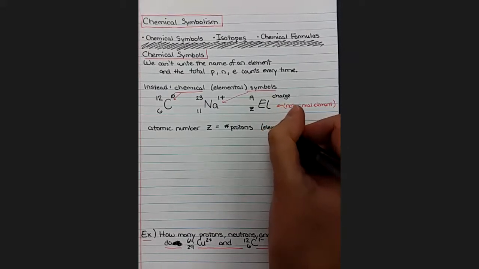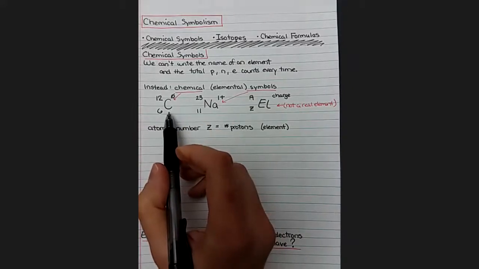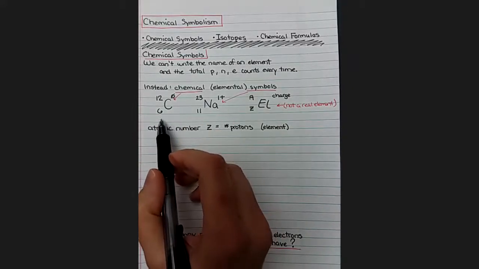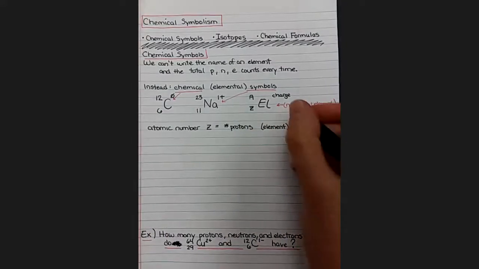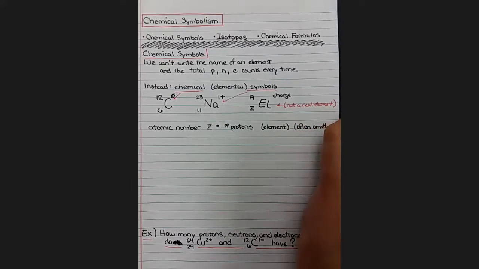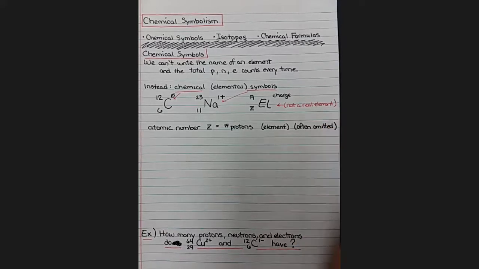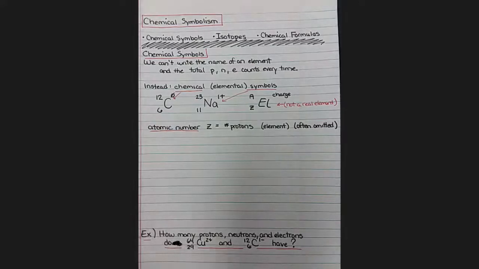So very important. But the chemical symbol, the letter, also tells us how many protons there are. So technically, we don't have to write it in the bottom left corner. So it's often omitted. Okay, so there's our total proton count.